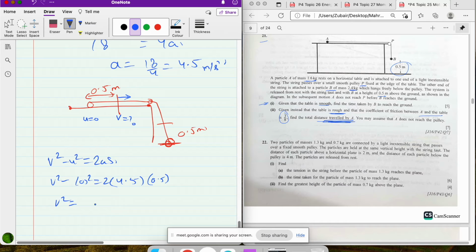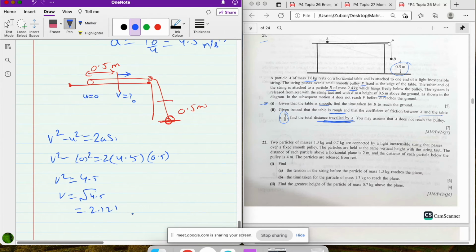So v squared equals 2 into 4.5 into 0.5, giving 4.5, and the velocity is the square root of 4.5, which gives me 2.121 meters per second.